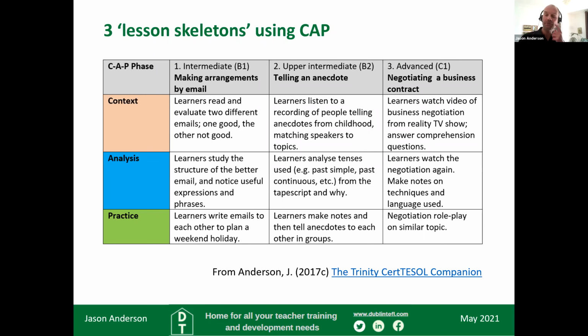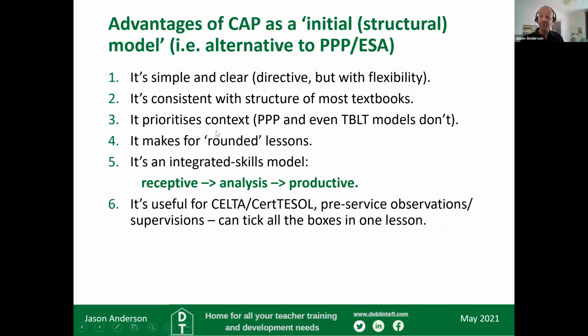And then with the business one, you may have a video context where they watch some kind of interaction on video, and then make notes on techniques used, and then do something similar to the interaction that they've seen in the context phase. 3 examples of what I've called lesson skeletons using the CAP model there. So there we go. The CAP framework, I didn't ever present it as what I perceive to be a best practice model, simply a reflection of what we do and what is common in the world today.